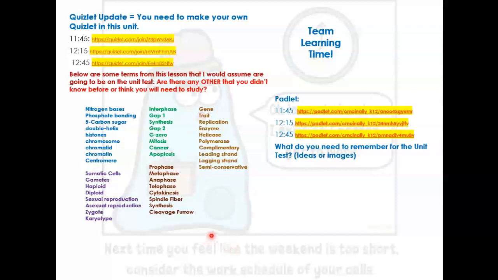I know it's almost like a new language, so if you type these up into a Word document and upload that Word document into one of your Quizlet websites, oftentimes they'll generate the definition for you. You can tweak it if you want to, but it's a good place to start. Also, there's going to be some interactive GIFs that you may want to consider adding to your team's Padlet.